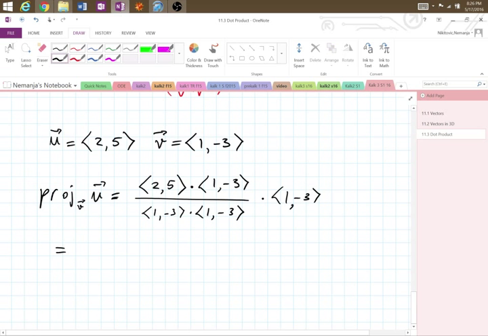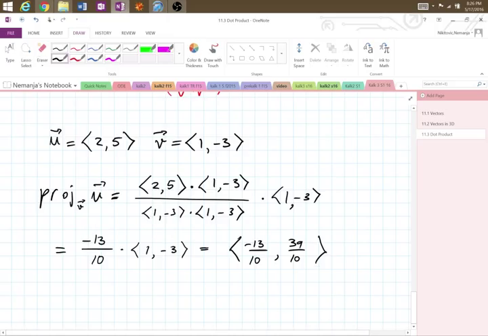So as we compute, we have 2 minus 15 is negative 13, divided by 1 and 9 is 10, times (1, negative 3), and when you distribute this, we get (negative 13/10, 39/10).